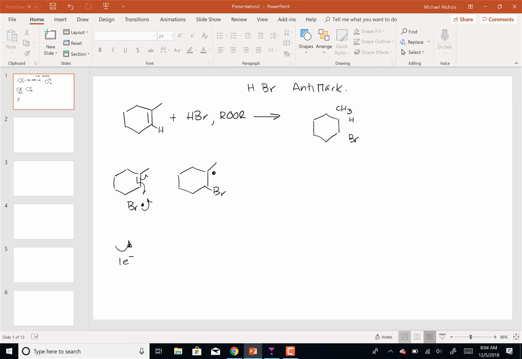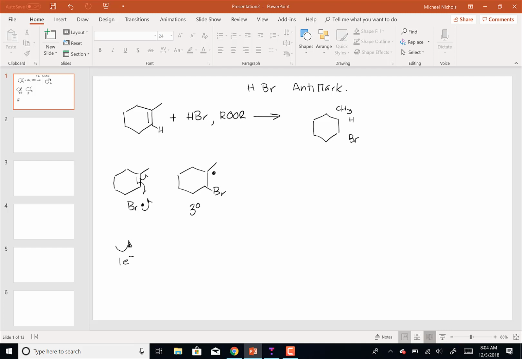In this case, we would get a tertiary free radical, which is more stable than the secondary free radical that I would get if I did Markovnikov addition, if I added the Br to the top carbon. So because the mechanism's changed and because the intermediate's changed, that's why it's now anti-Markovnikov versus Markovnikov.